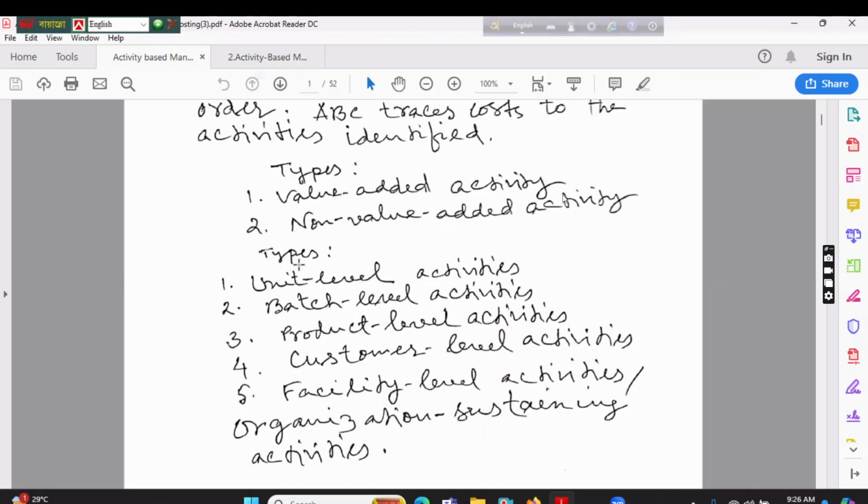In cost accounting, you have studied methods of absorption of manufacturing overhead.